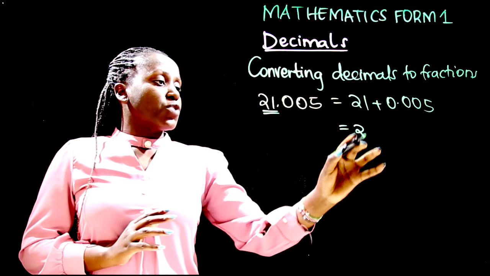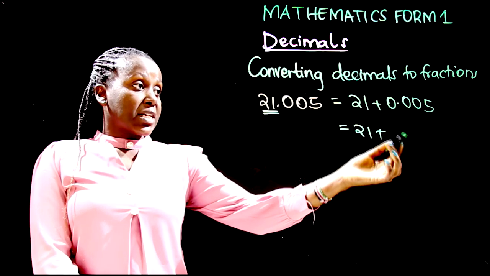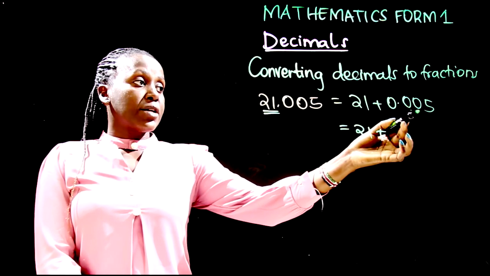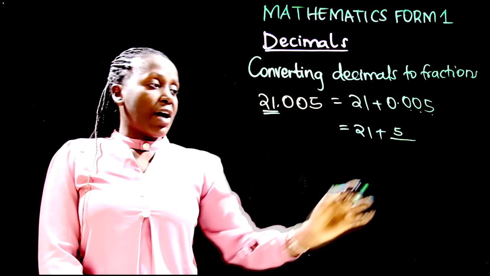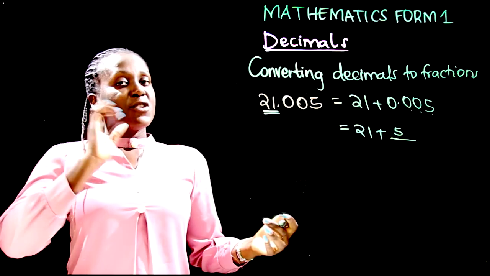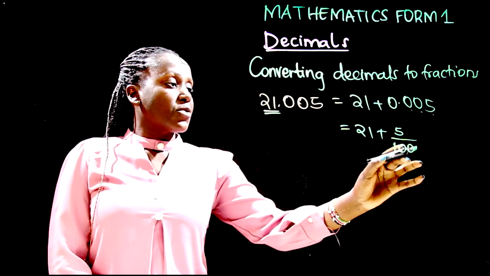This will be equal to 21 plus, counting the number of decimal places, we have 1, 2, 3. So this will be 5 over a number that begins with 1 and has 3 zeros, that is 1,000.